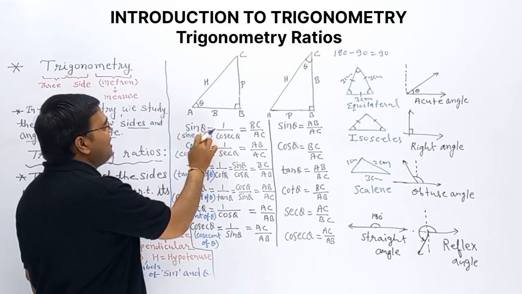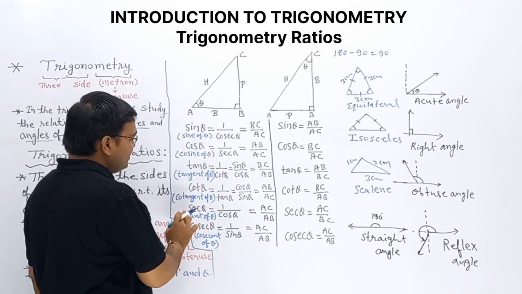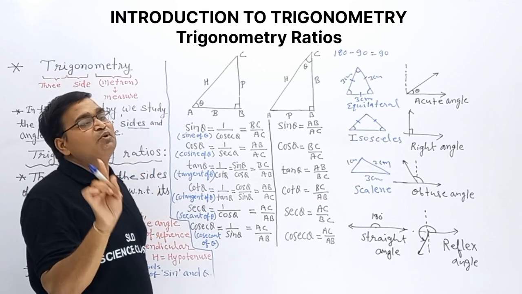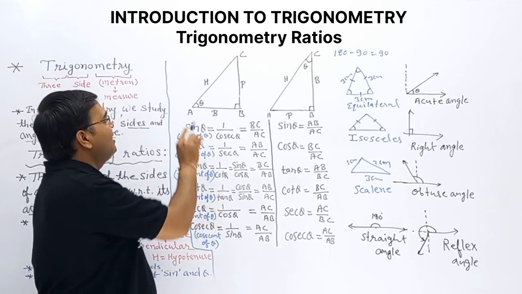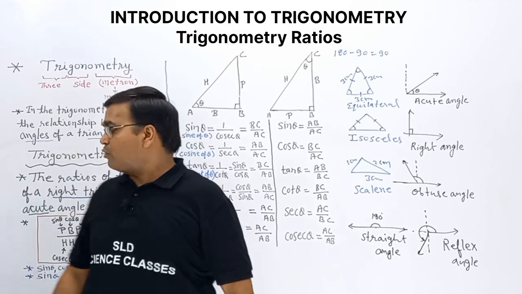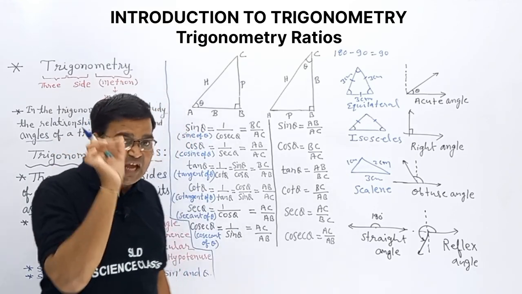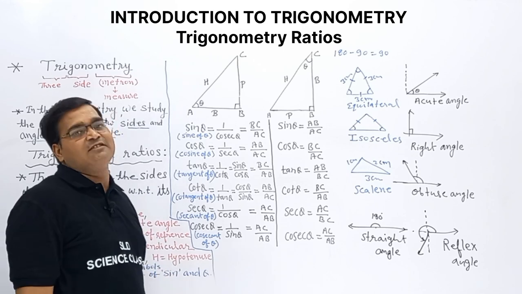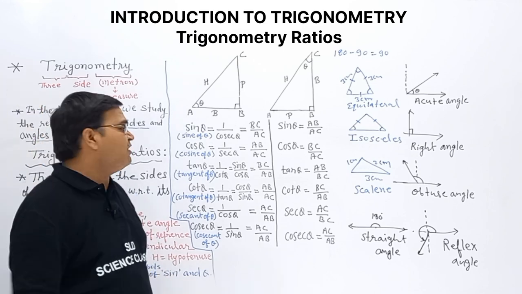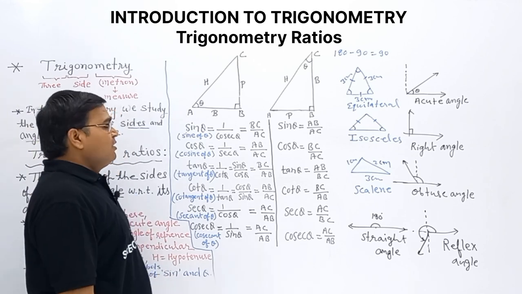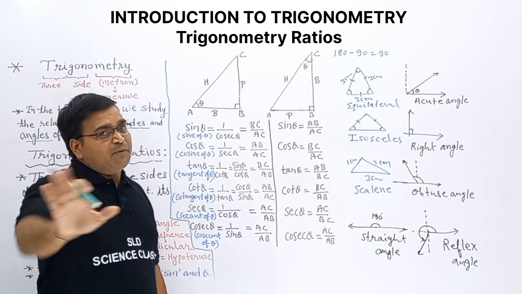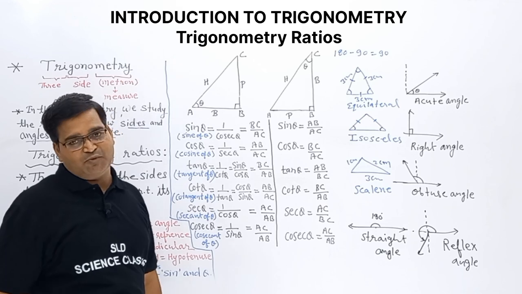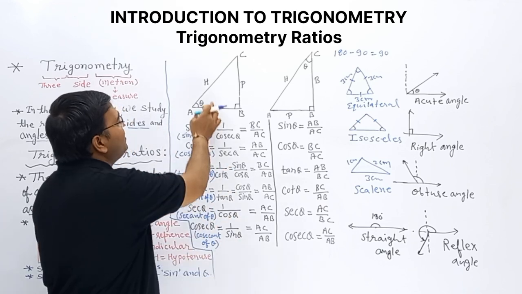You can use sin A, cos A, tangent A, cot A, sec A, cosec A. It means the angle is what? Acute angle. What acute angle are we using? Angle of reference. Acute angle is also called the reference angle. For finding the ratios of these trigonometry functions we require one reference angle. In all these ratios, this one is the reference.